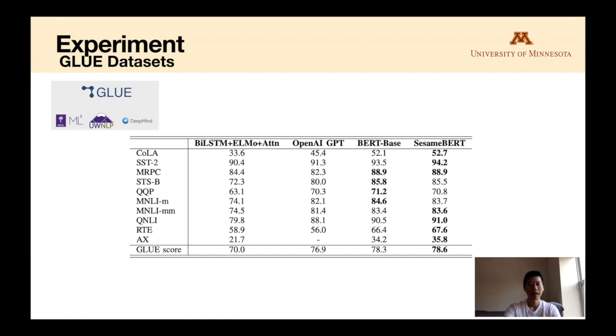In most of the GLUE tasks, our proposed method outperformed the original BERT-based model. For example, in the RTE and AX datasets, SesameBERT yielded improvements of 1.2% and nearly 2%, respectively. Also, we conducted experiments on these datasets to test the effects of Gaussian blurring alongside BERT on the value layer and context layer.